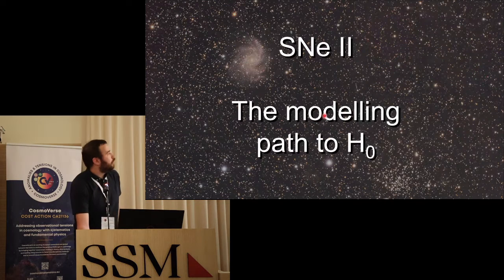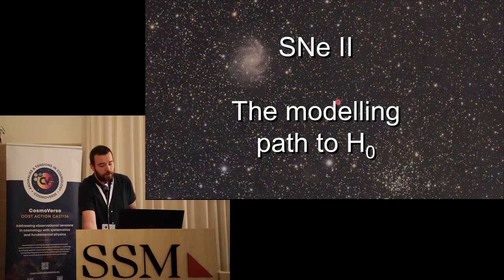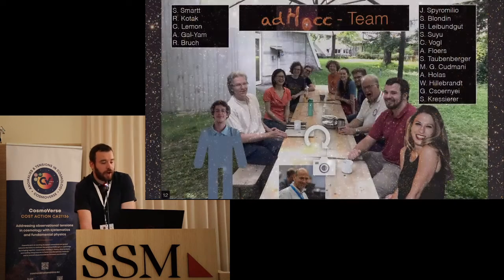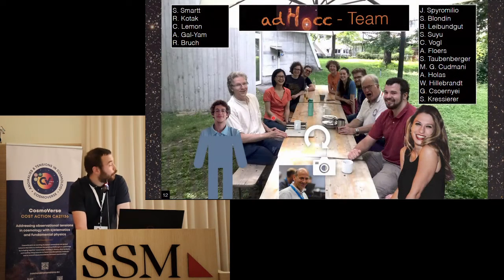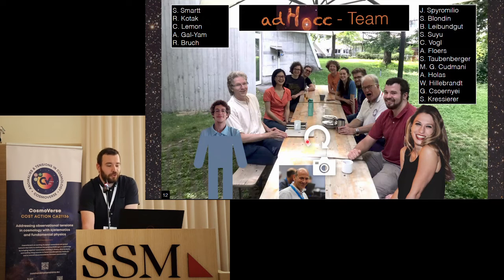Okay, but now I would like to move on to how we measure H0 from the modeling of type 2 supernovae, and this is what I've been working on with our group in Garching. Here you can see a photo of our group with some photoshopping included. The core group involves Bruno and Wolfgang, who are the PIs of the group.